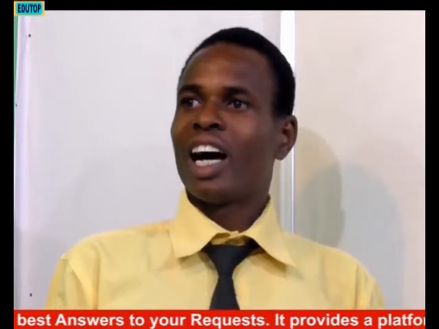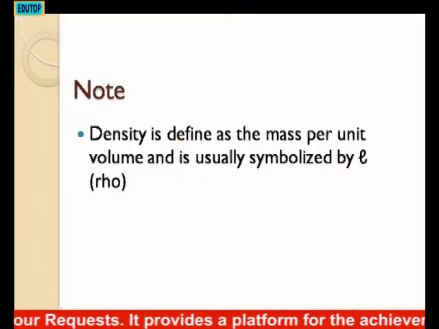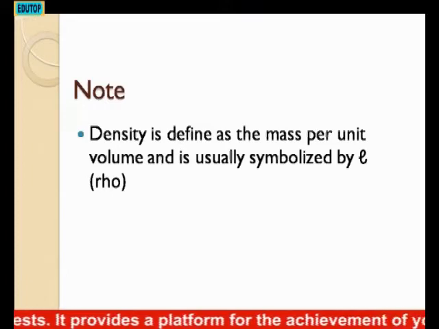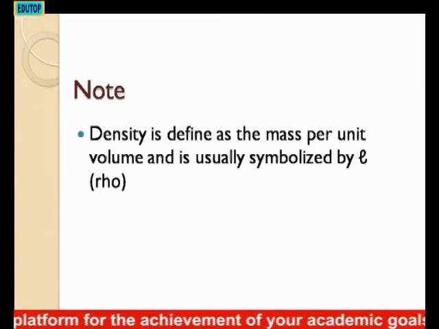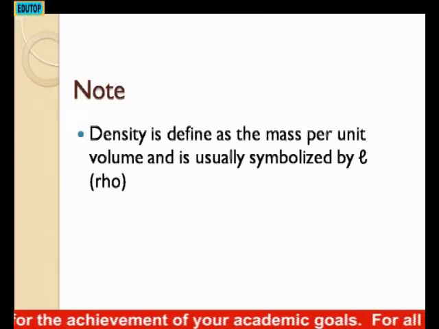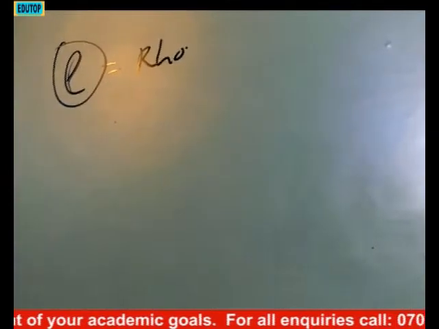Let's quickly consider the following. How do we define the density? Density is defined as the mass per unit volume and is usually symbolized, we call it rho. It's defined as mass per unit volume.